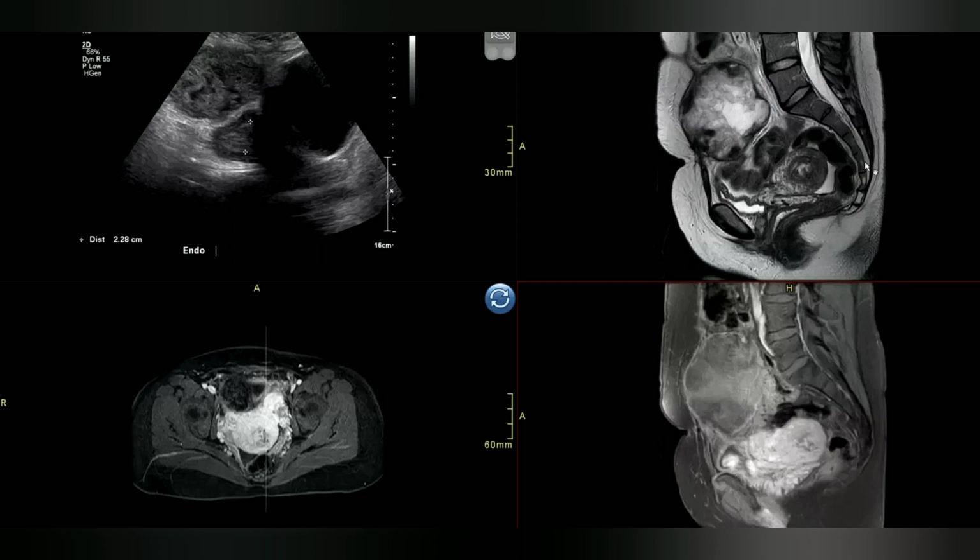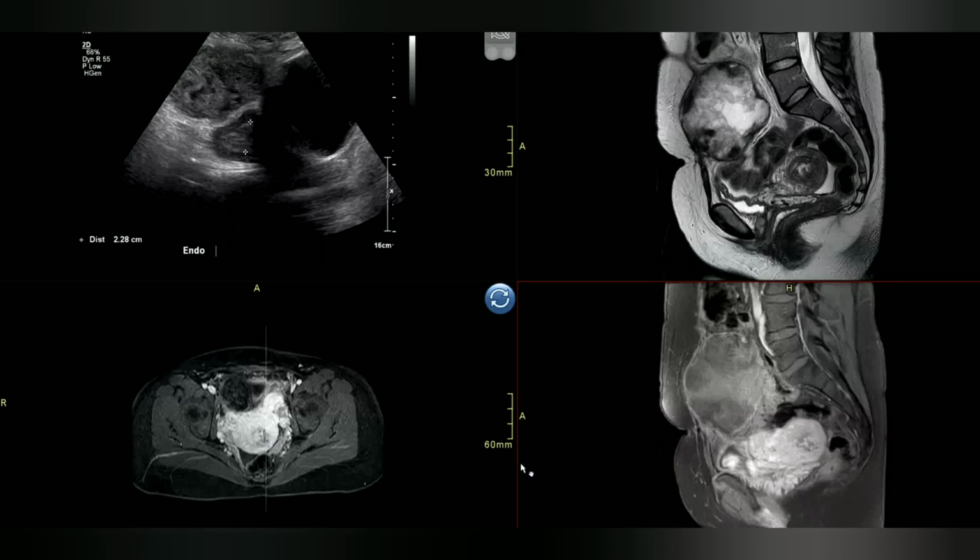Yes, ma'am. Okay. And a few signal voids are also noted within it. Might represent blood vessels within it, and it is separate from the uterine cavity, uterus.